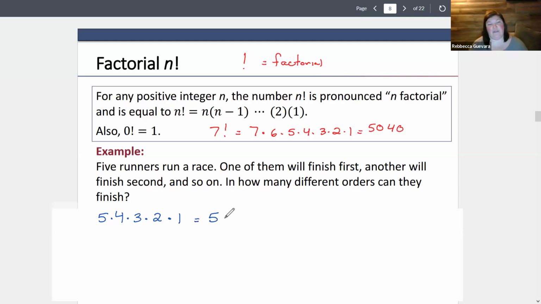So this is just 5 factorial. When we have a situation where we count down like this, that's when we use factorials. So it still goes along with our fundamental counting principle. And just so we have that, 5 factorial is going to be 120.